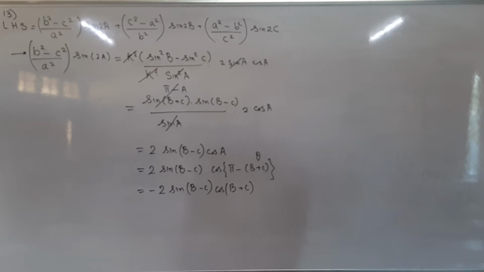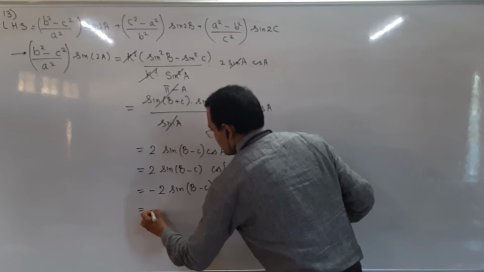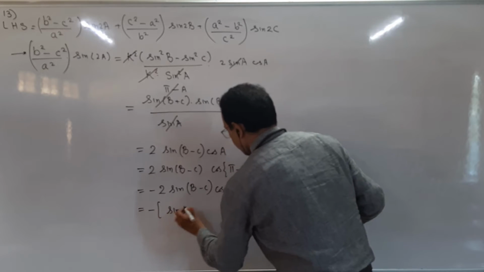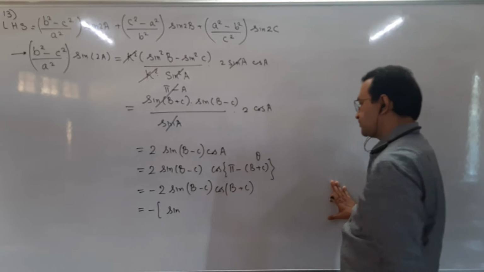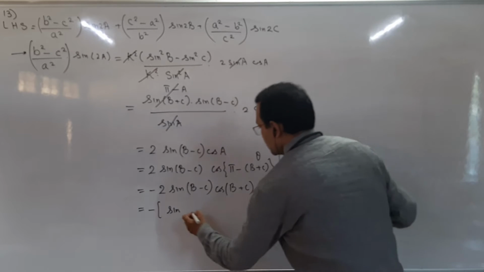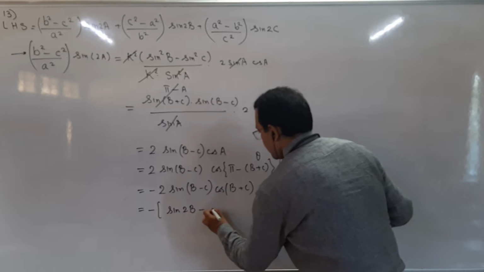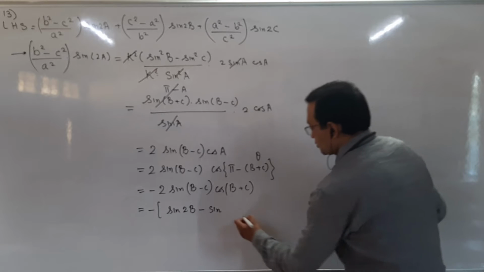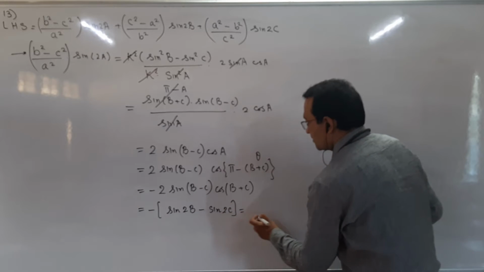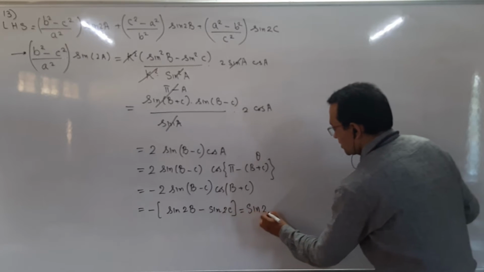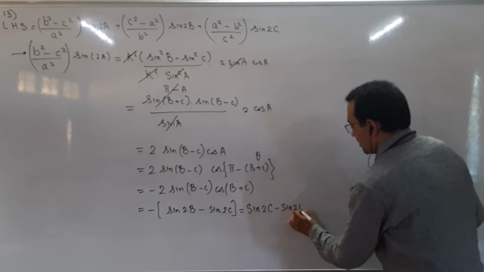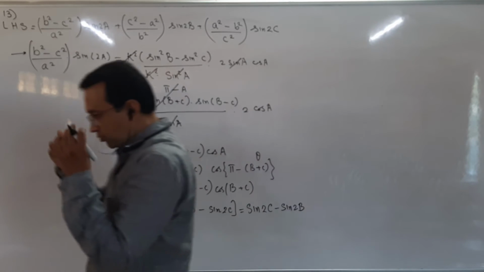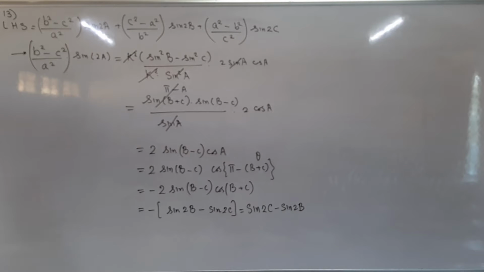You can take even 2s here. I am taking 2cs, which is s minus s. So sine of addition of two angles, so we will get 2B, and subtraction of two angles, so we will get 2C. If I multiply by negative sign, this becomes sine 2C minus sine of 2B. This is what students we have in the final simplification.